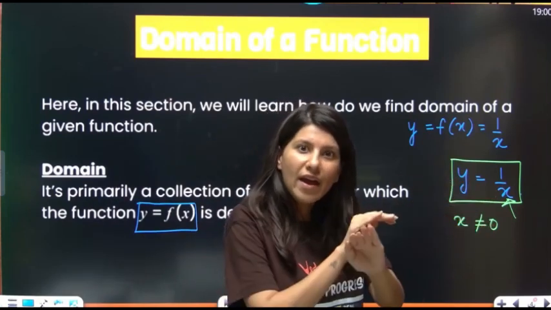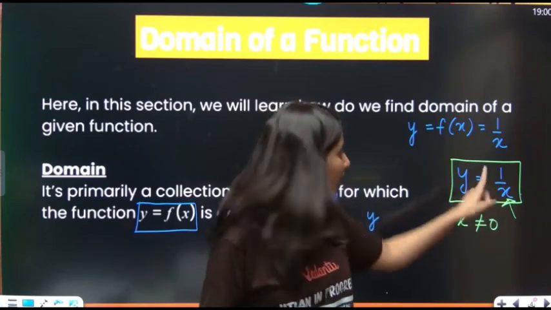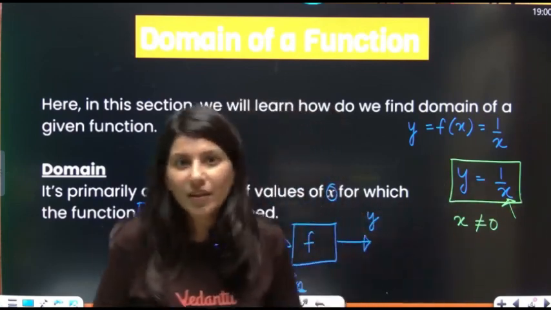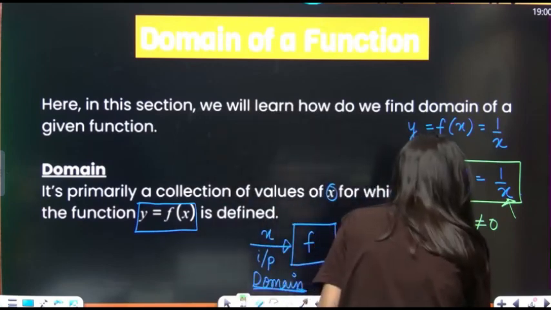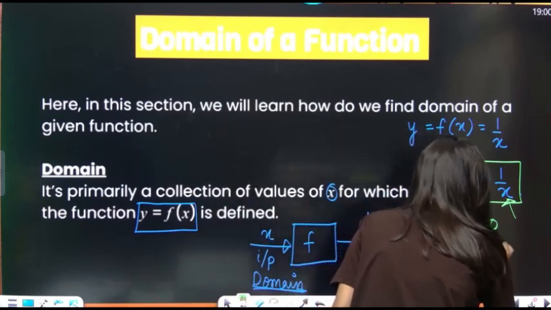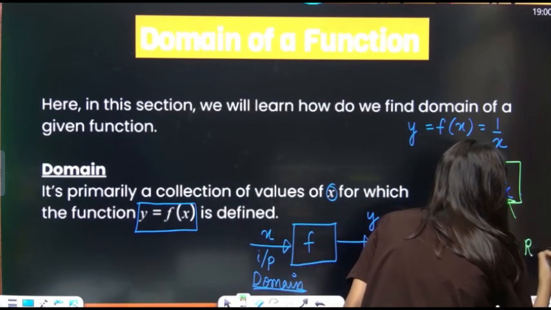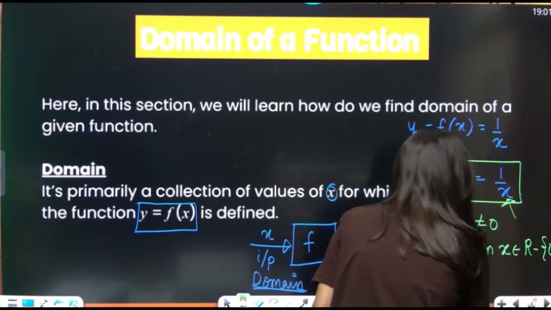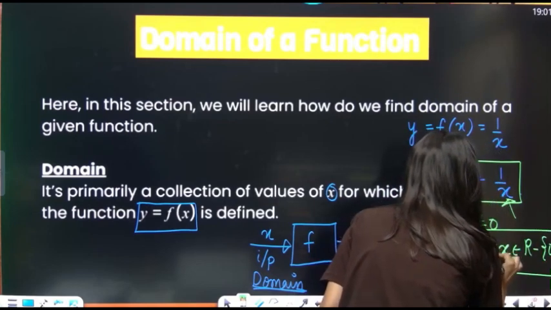Except 0, every value on your number line will give you y as a defined number, yes or no? So how to write the domain? The domain will be x belongs to all the values except 0. This is the domain of this particular function.